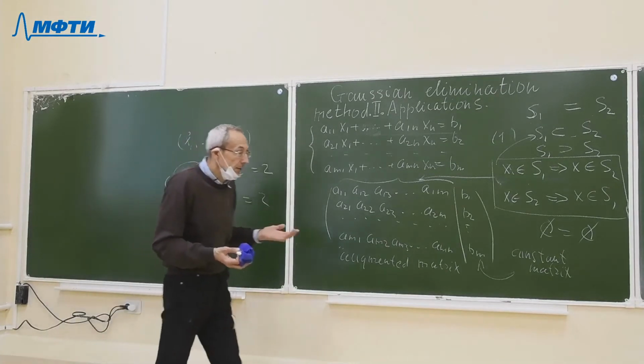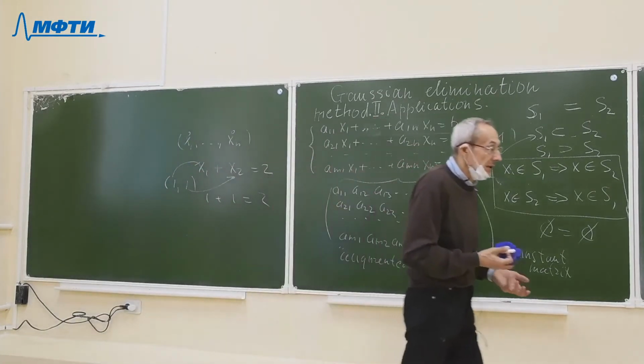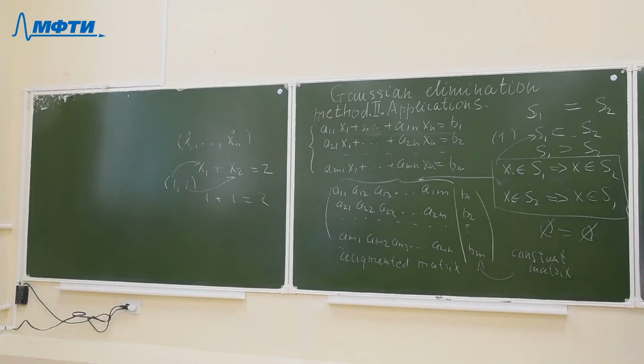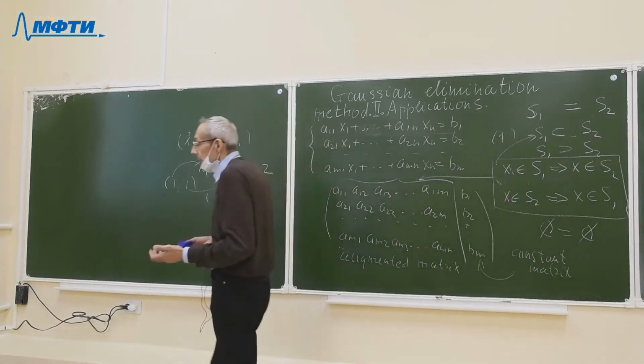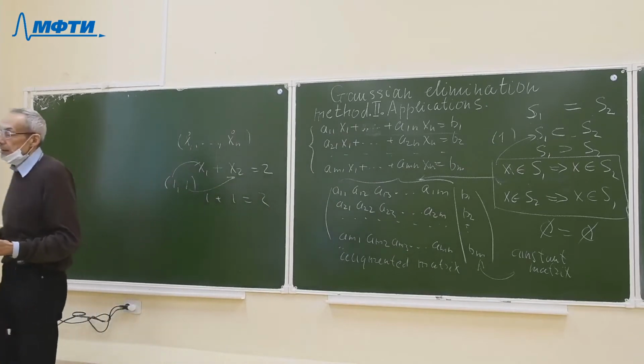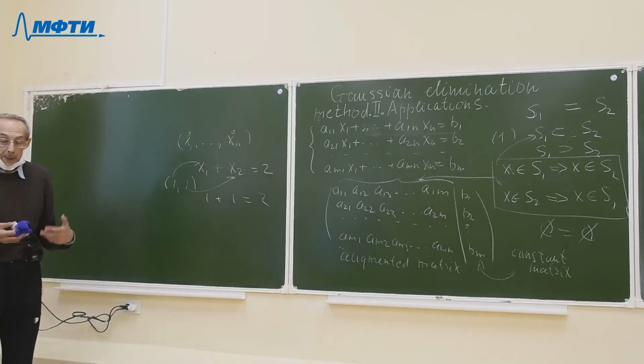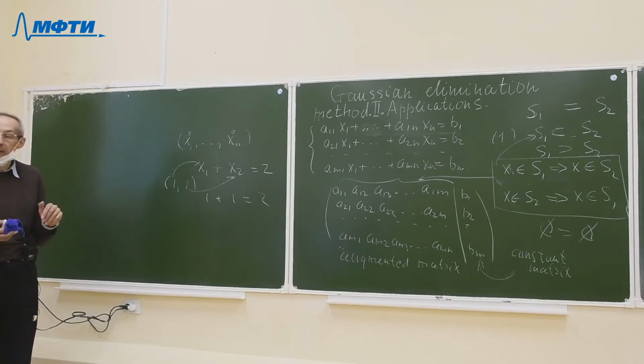And if we have two linear systems, what does it mean that these linear systems are equivalent? By definition, we say that two linear systems are equivalent if the sets of solutions of these two linear systems coincide.